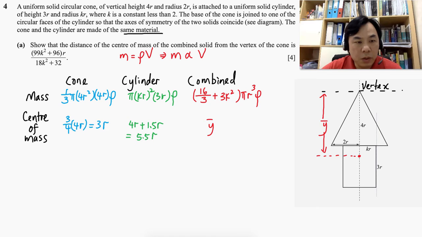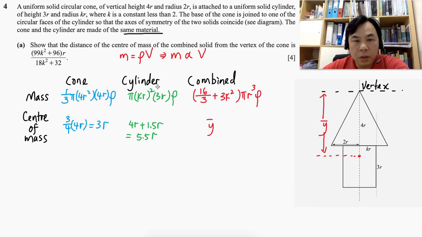Once you are ready with this, we can go through the analysis by using the principle of moment. The combined moment must be the same as the sum of the individual moments that we can obtain from each individual rigid body.